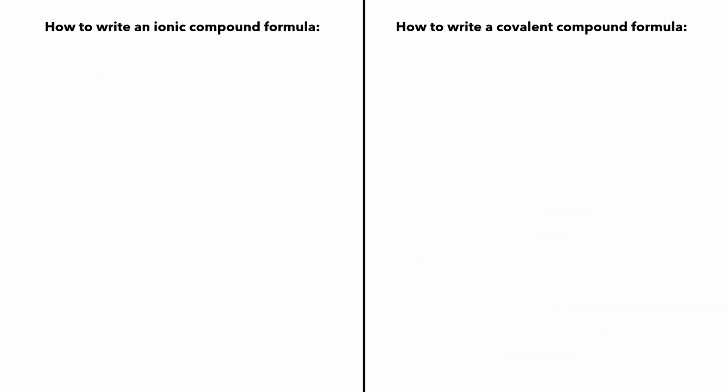How to write an ionic compound formula. I'm going to do the reverse of the example. We had sodium chloride. First thing we need to do, write out the element symbol.